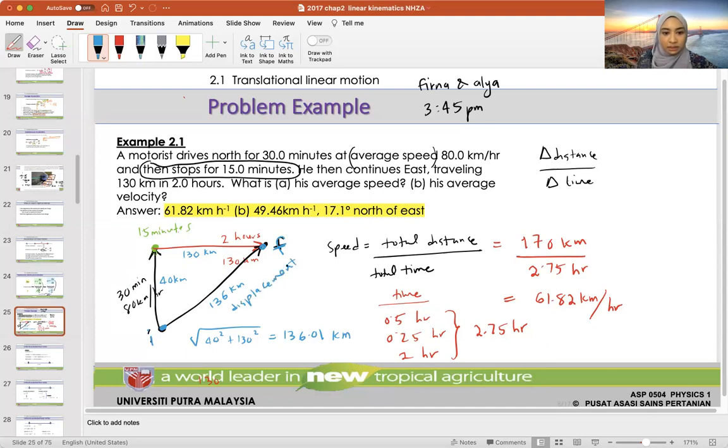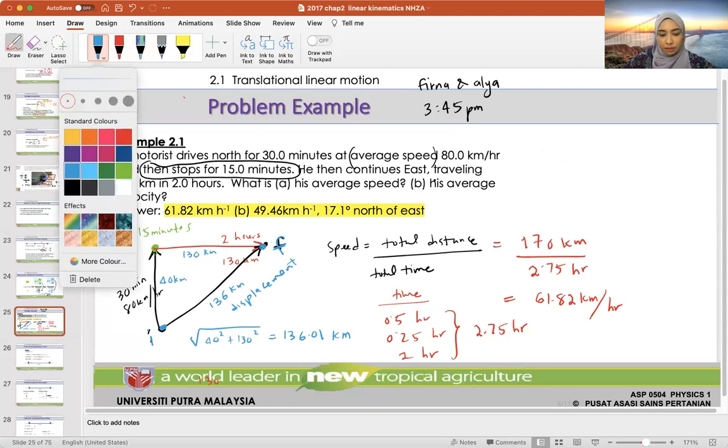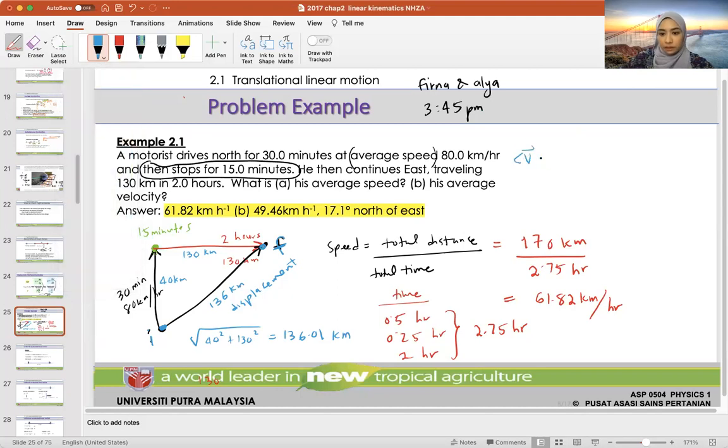Okay, now we have given a hint to Alia. So Alia, how do you want to find velocity now? Can you revise? Because earlier you said you didn't know. Okay, now we have given the displacement. So how would you calculate velocity? Okay, change of displacement, which is 136.01, over the change in time.